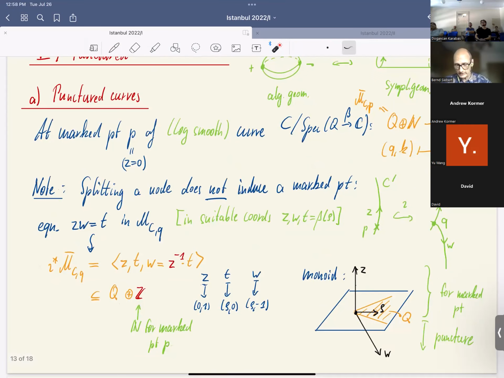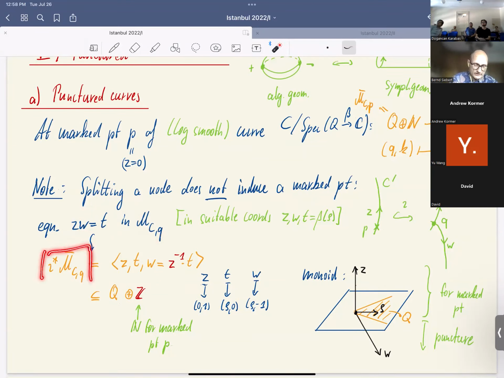So then what you observe is that one natural operation in Gromov-Witten theory is splitting a node. Okay, so I could have drawn a second component, but let's just focus on one irreducible component. So you can look at this as a closed subspace of that C, and take the induced log structure. At first you would think you should get a marked point here, but that's not right. So why is that? At this point, we have an equation ZW equals T in the log structure.